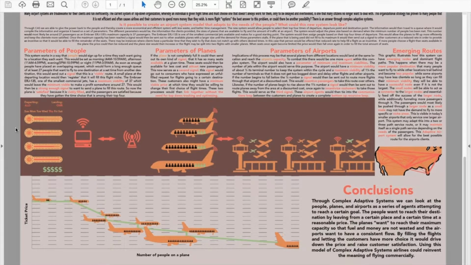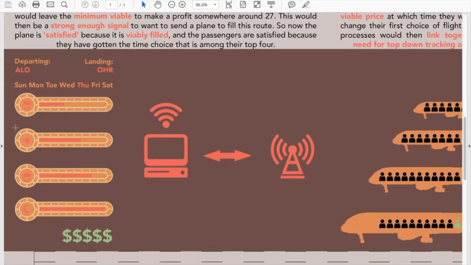The way we do this is through bottom-up infrastructure, where the people, rather than being the end product, are the start of the process. People put in their parameters of where they want to leave from, where they want to land, what day, what time, and they have a price point in mind.